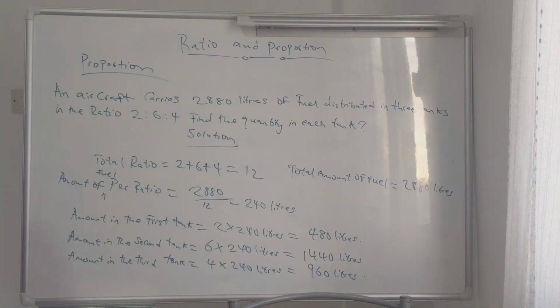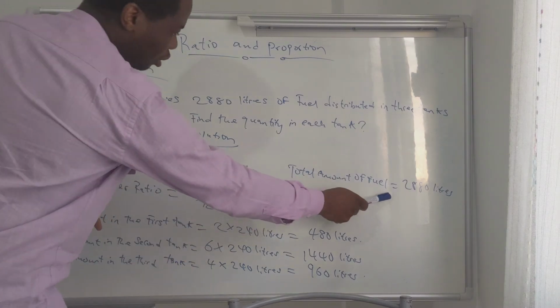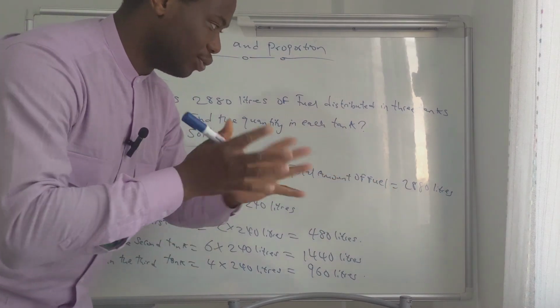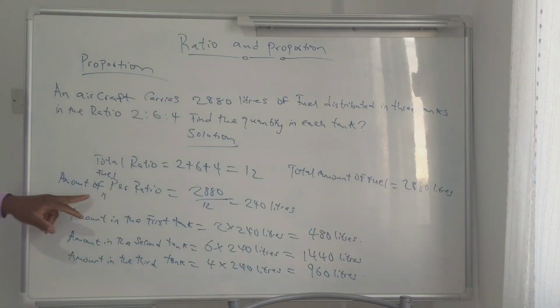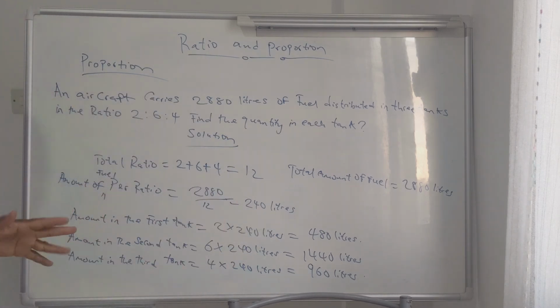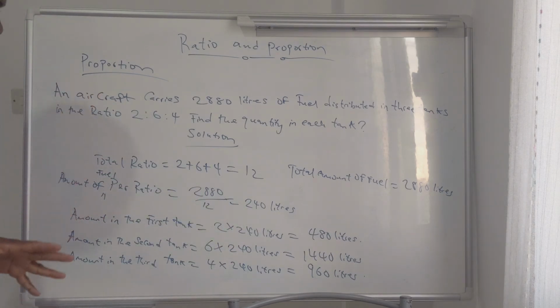Now, have we seen how we did it? First of all, add the total ratios together. Then find the total amount of fuel that was in the three tanks. Now, the amount of fuel per ratio. So for one ratio, this is the amount of fuel if everything is to be split equally. This is the amount of fuel for each of the ratios.